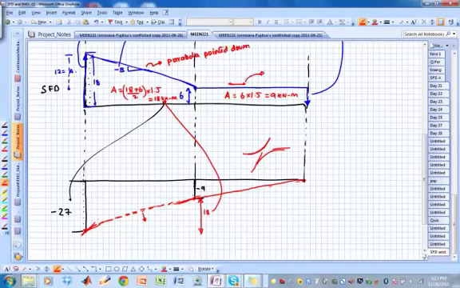This gives you a straight line of slope 6. This is initial slope, final slope, this allows you to compute the values.